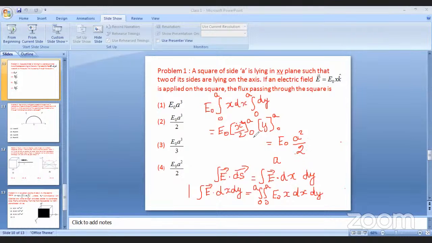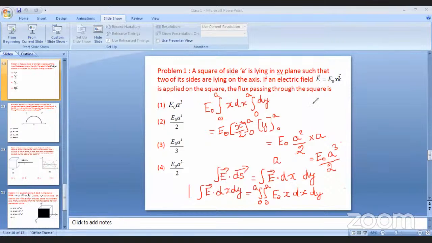Anything that is 0, I am not taking. So E naught into a squared by 2 into y, applying the limits a and 0, you will be getting a. So the final answer is E naught a cube divided by 2.